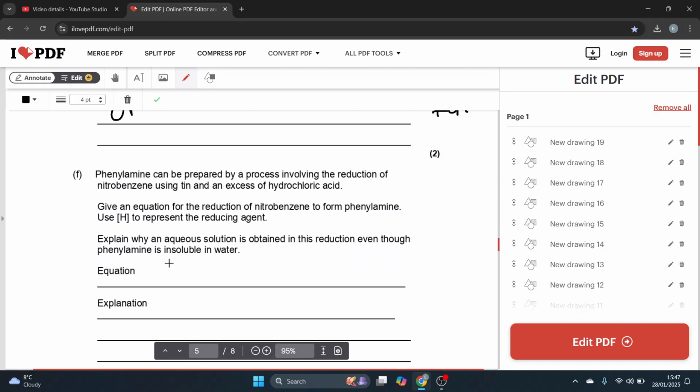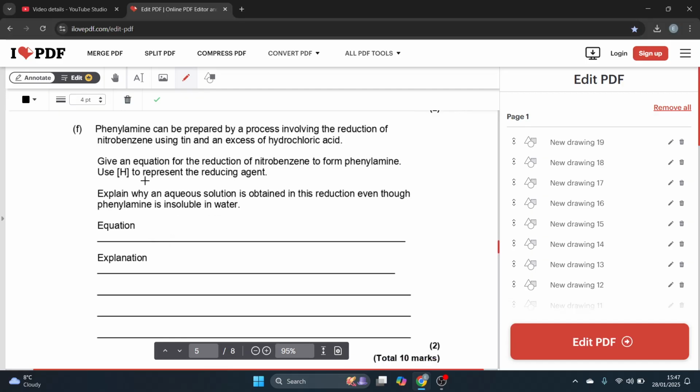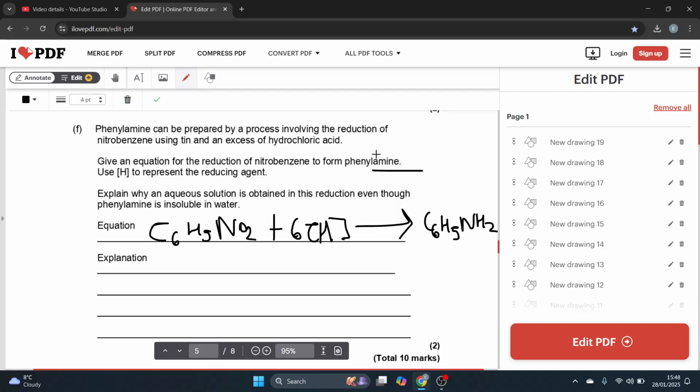Part F, give the equation for reduction of nitrobenzene to form phenylamine. So nitrobenzene, C6H5NO2, plus 6H from the reducing agent, forms C6H5NH2, phenylamine, plus 2H2O. Why do I add 2 H2Os?